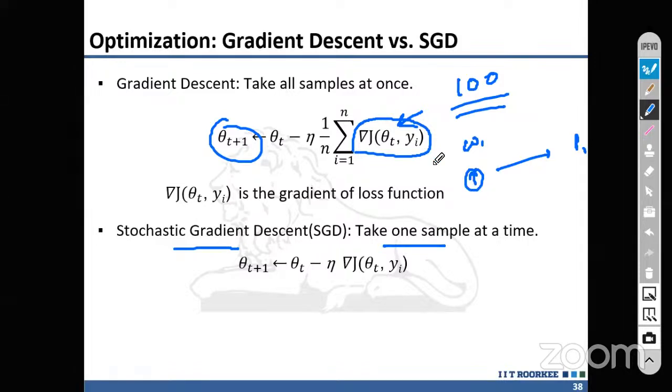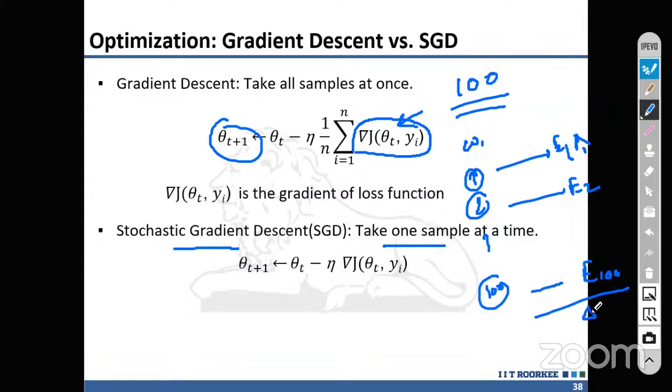When I adjust after all samples, I get the error considering all the samples: what is the error E1, what is the error E2, up to E100. Then I calculate the total loss.